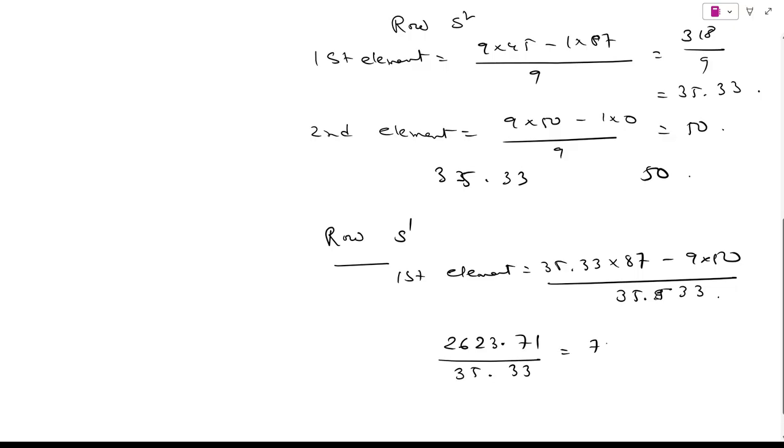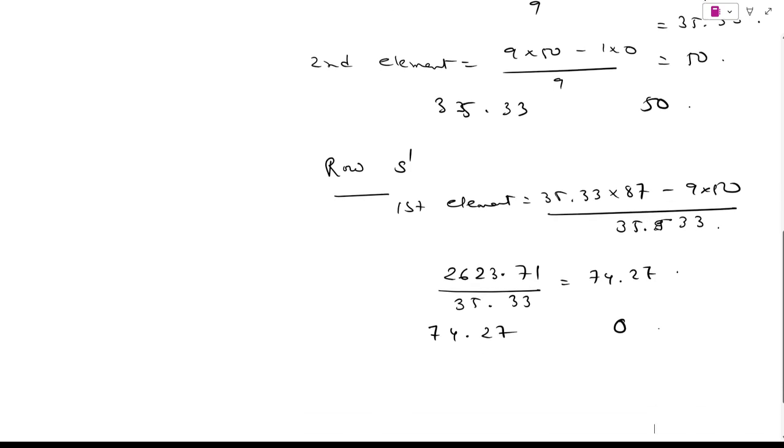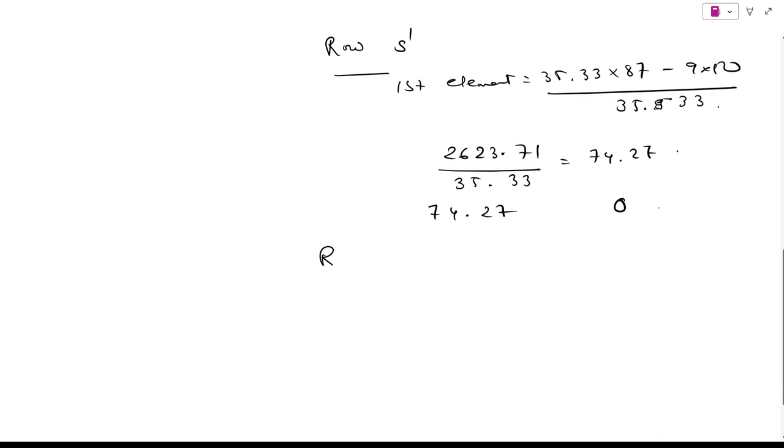So this is 74.27. Okay. Now the second element is 0. So this will be 74.27 and 0. Now the last row. So this is simply 50. Right. So what is the final table?